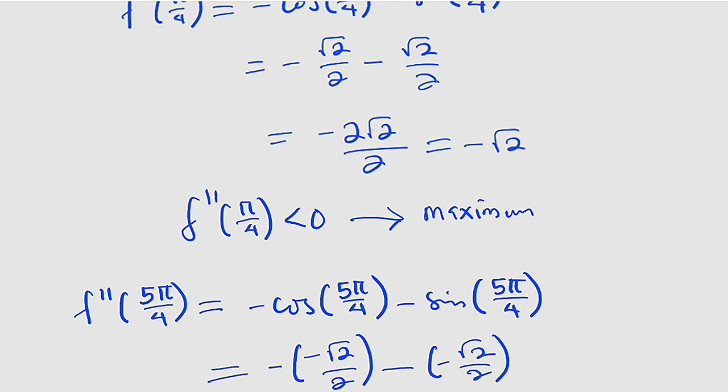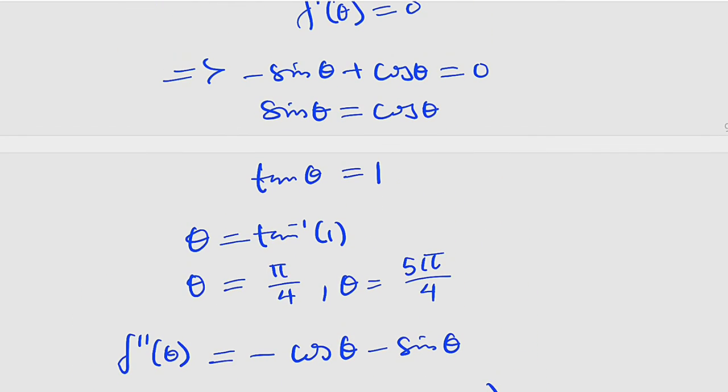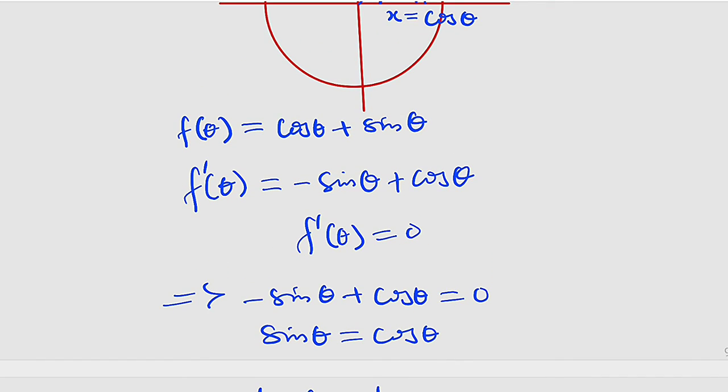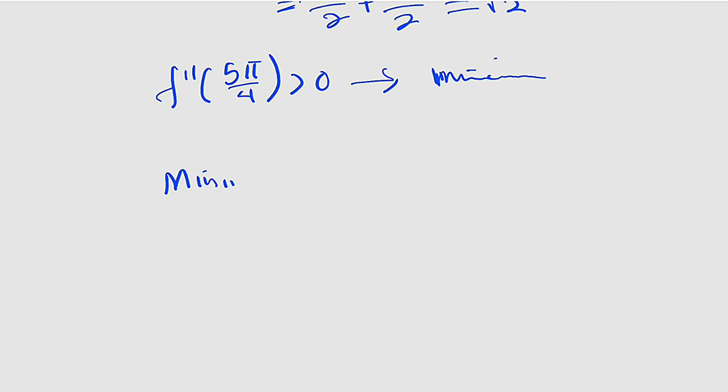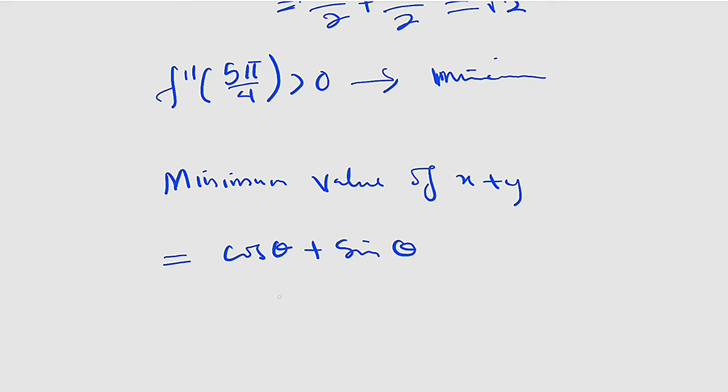So we have seen that the sum of x and y will be cosine of theta plus sine of theta, because we have replaced x with cosine and y with sine. So the minimum value of x plus y would be cosine of theta plus sine of theta. But we have seen that theta is 5 pi divided by 4.